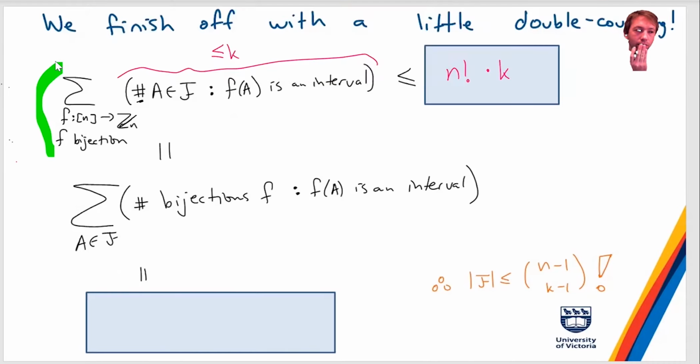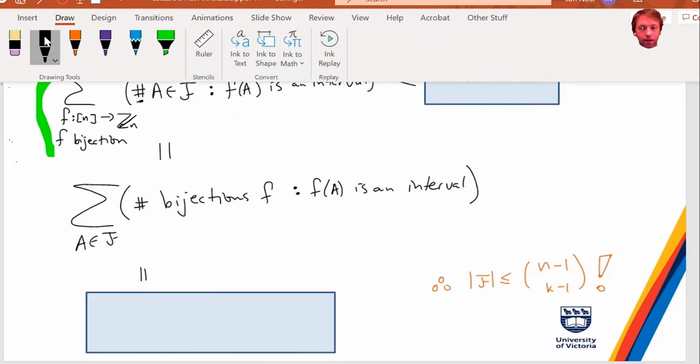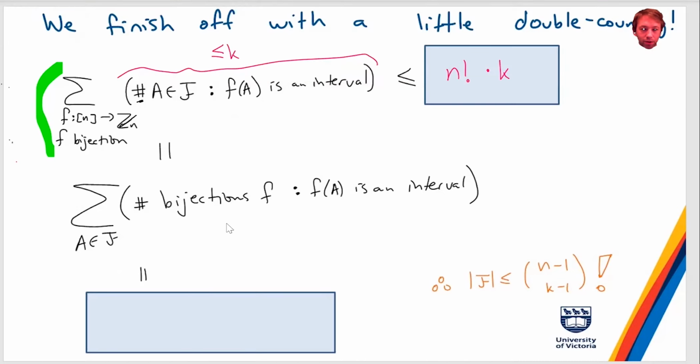But this same sum can be counted from the other perspective, changing the summation. If I sum over all f and count the number of a such that f of a is an interval, that's the same thing as summing over the a's and counting the number of bijections for which f of a is an interval. So this is a genuine equality.